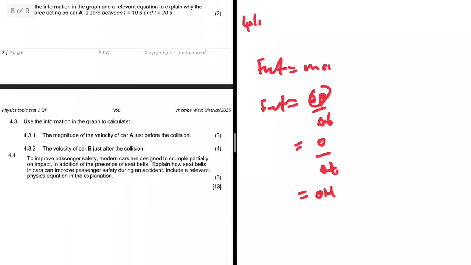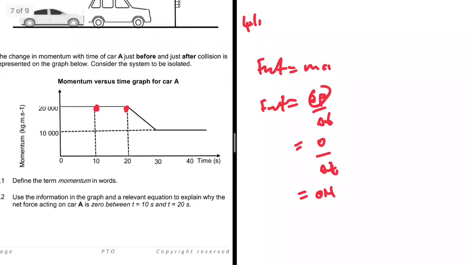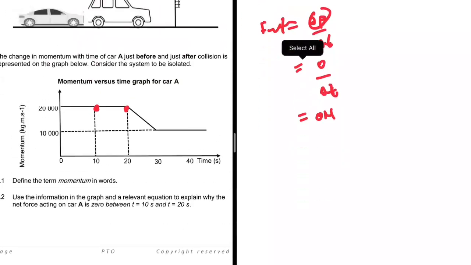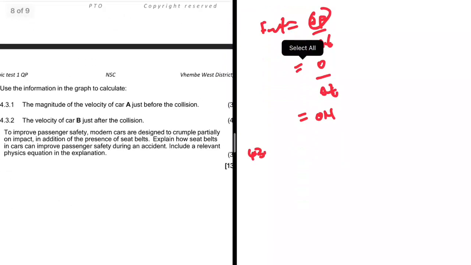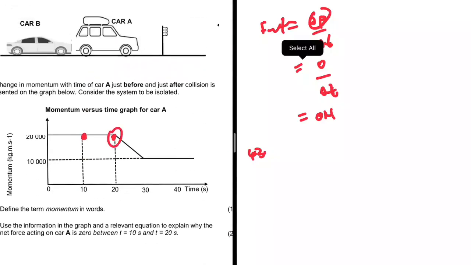4.3. Use the information in the graph to calculate the magnitude of the velocity of car A just before the collision. Just before the collision is the point before the momentum starts changing. So P is equal to M multiplied by V. The momentum is 20,000, given in the graph.